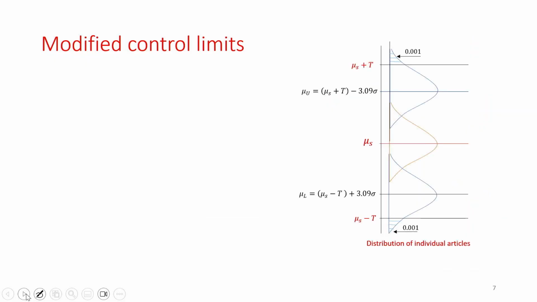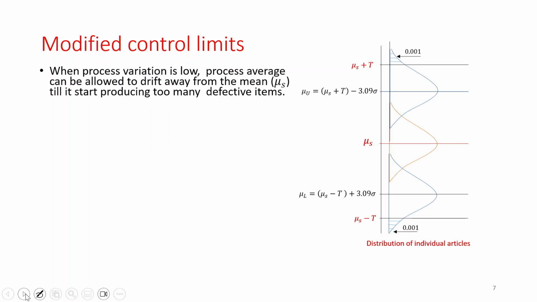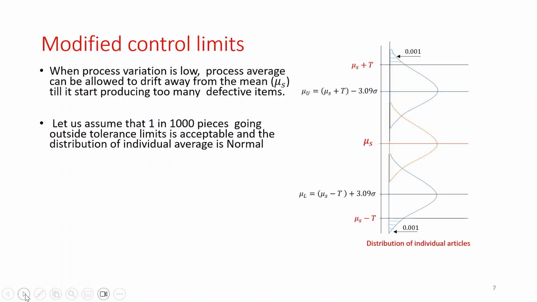Modified control limits will continue now. When the process variation is low, the process averages can be allowed to drift from the mean till it starts producing too many defective items. Let us say the case here. Look at this orange color normal distribution of a particular parameter.